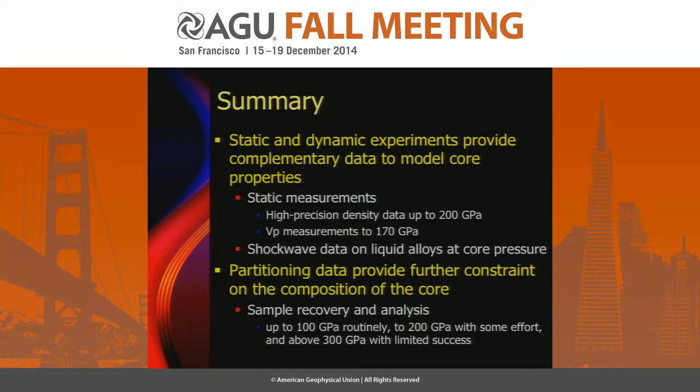And then ultimately we will do the partitioning and further constrain the composition of the core. Right now we're at the stage where we can recover routinely at 100 GPa, and with some effort, 200 GPa. We really break lots of diamonds when you go to 300 GPa. But that's the price we have to pay.